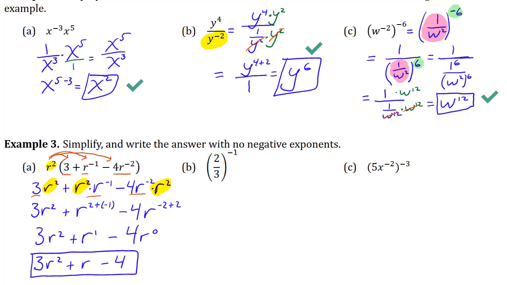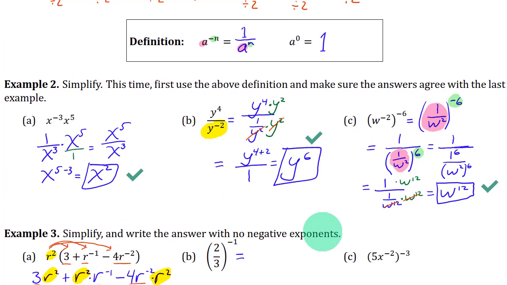Okay, how about b here? 2/3 to the power negative 1. Well, let's see. There's a couple ways you could approach this. I'm going to start by using the definition of this negative exponent. You got a negative 1 there, and the a is like 2/3. So using this rule, I'm going to write it as 1 over 2/3 to the power positive 1.